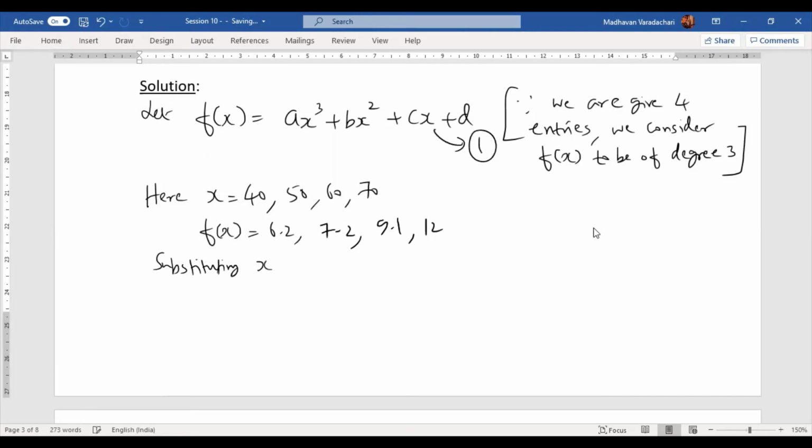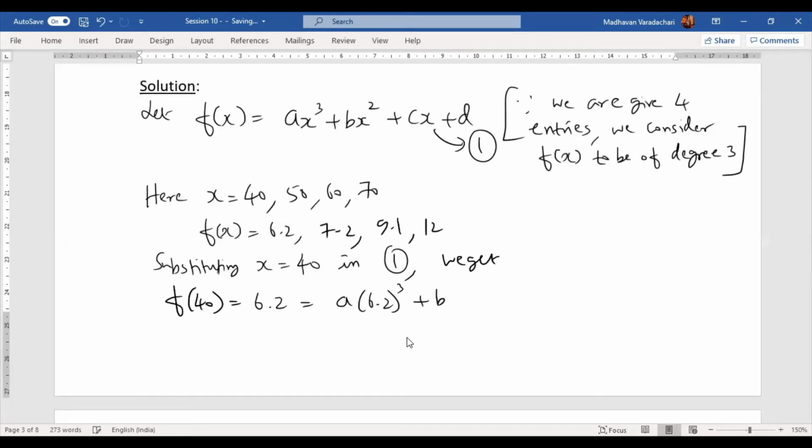Substituting x equal to 40 in 1, we get f of 40, which is given already in the question as 6.2, is equal to a times 6.2 cubed plus b times 6.2 squared plus c times 6.2. I'm sorry, I made a mistake. All this should be 40, not 6.2. 6.2 is the value.